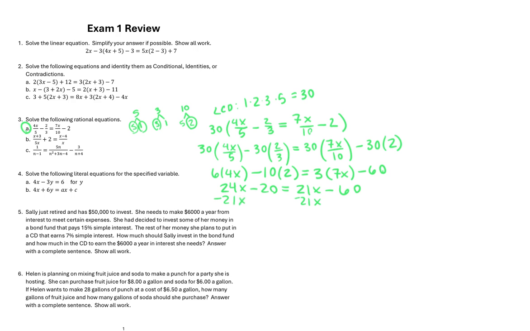Perfect. Then what are we left with? 3x minus 20 equals minus 60. Then we can add 20 over. Perfect. Then we have 3x equals minus 40. So we conclude that x equals negative 40 over 3.